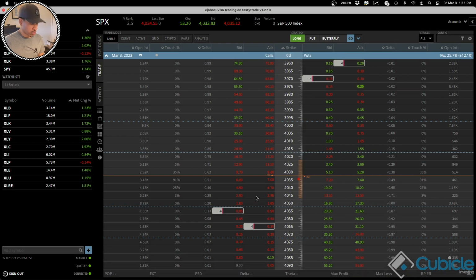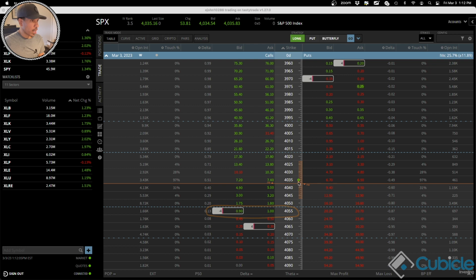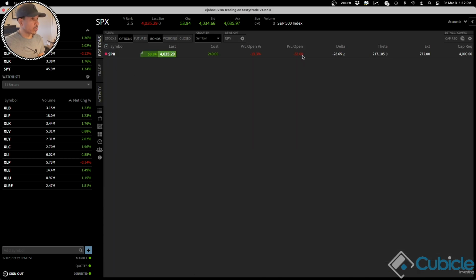Looking at the actual position itself, here's the price of the underlying at 40.34. My short strike is at 40.55. Somewhat close, but I'm going to let it ride out. My P&L right now is negative, -20.